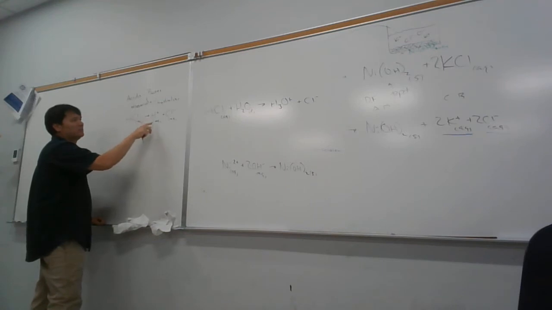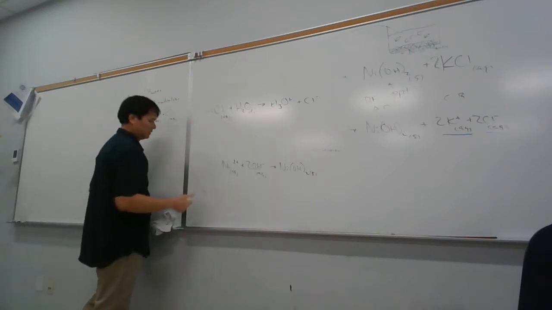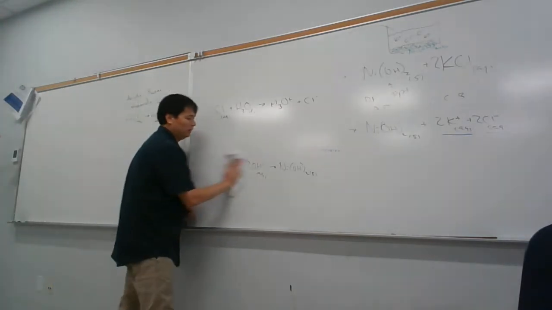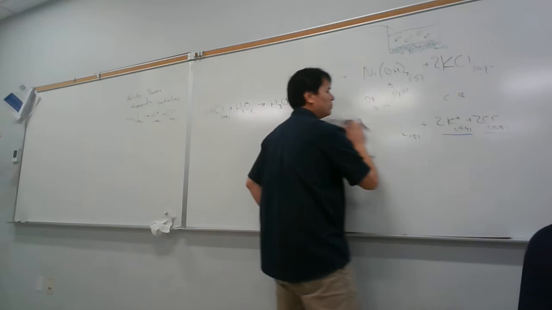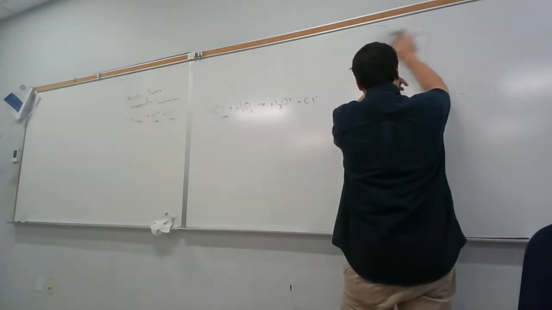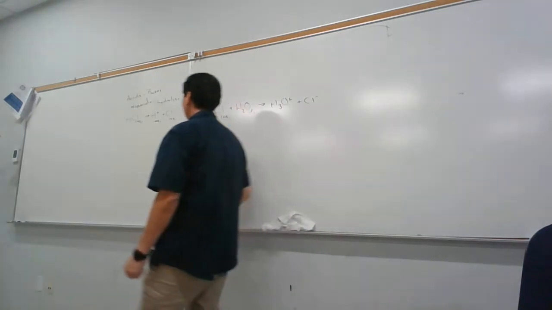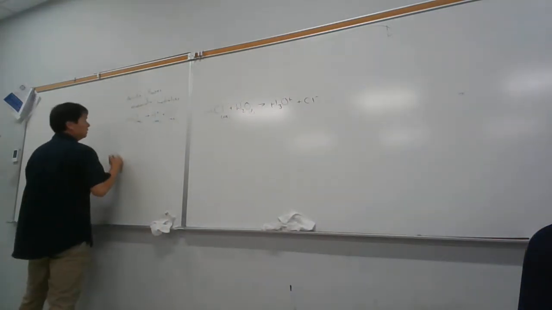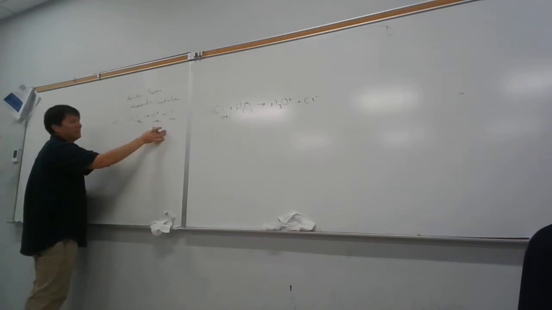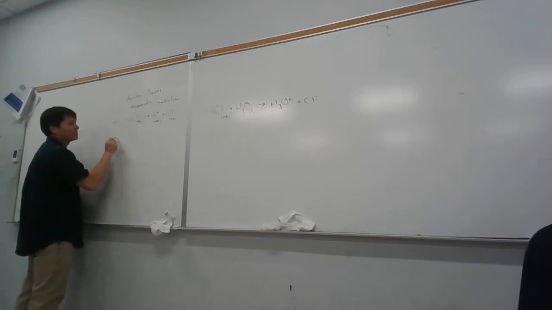Strong acids dissociate, or strong acids hydrolyze. And what distinguishes a strong acid from a weak acid is the extent to which they hydrolyze or dissociate. So a strong acid completely hydrolyzes compared to a weak acid.